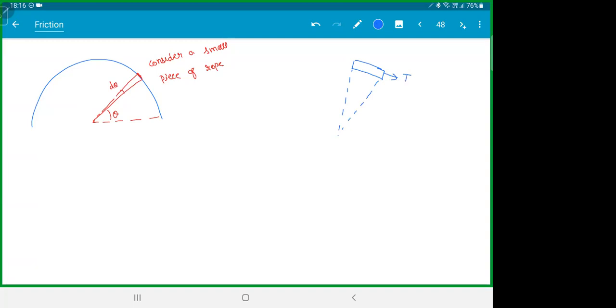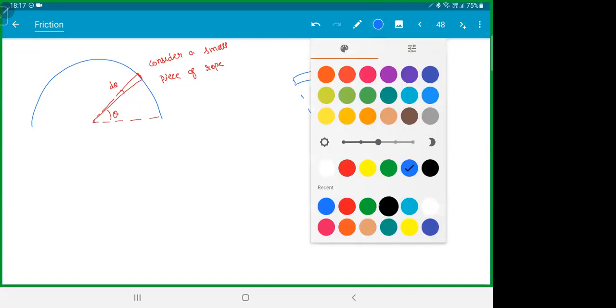This would be tension T, this would be tension T plus dT, and this would be your friction dF. And this would be your normal reaction on this small piece. I'll just make this straight so that it is easier to see. Anyway, gravity won't matter here. Gravity is neglected. So we are talking about these forces here.